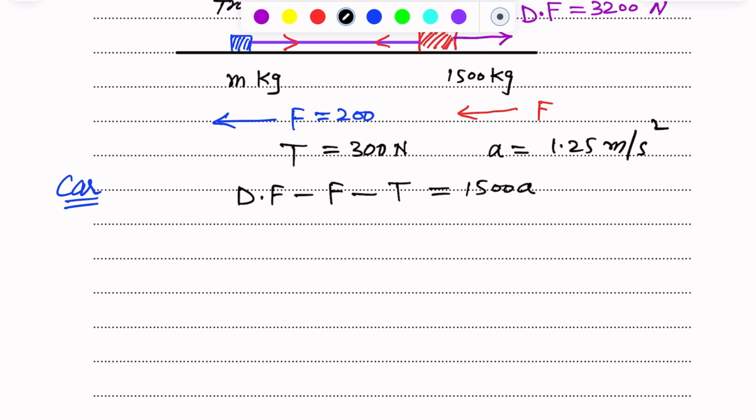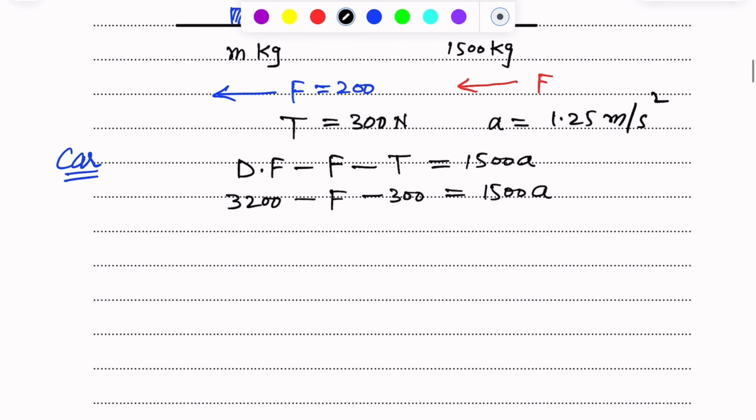Now putting the values, driving force is 3200 Newton, minus resistance force F, minus tension 300, is equal to 1500 a. From here we can find F. 2900 minus F is equal to 1500 into a, which is 1.25.